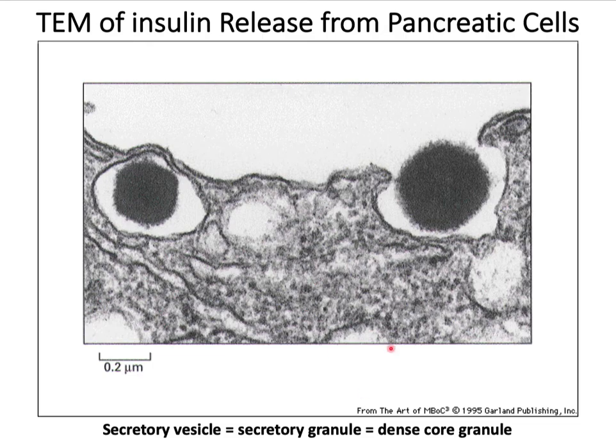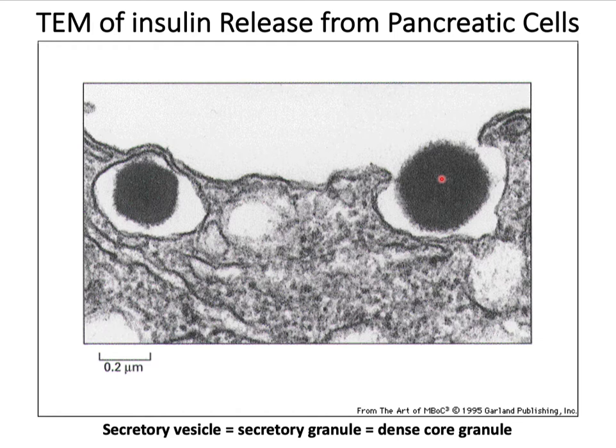So here are a couple of examples. This is a transmission EM of a pancreatic cell. These cells possess the regulated secretion pathway, the pathway by which insulin is released from these cells. Here you can see a secretory vesicle sitting right below the plasma membrane, and here you can see a secretory vesicle just fused with the plasma membrane.